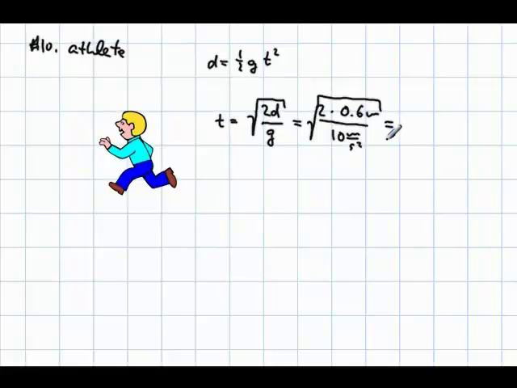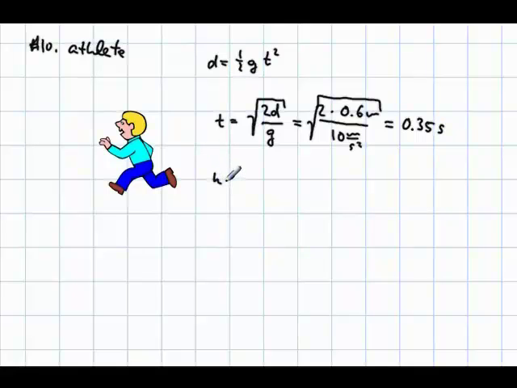Okay, 2 times 0.6 is 1.2, divided by 10 is 0.12, and now I have to take the square root of that, and the square root of 0.12 is a rounded 0.35, and now I divide the meters, the second squared denominator goes to the top, and then I take the square root of the second squared, which comes up with the correct unit, seconds.